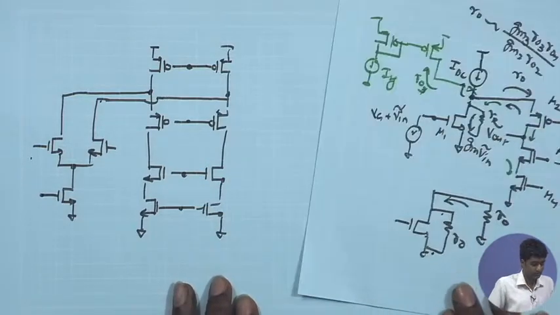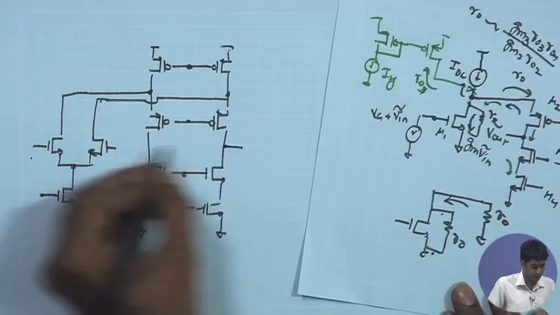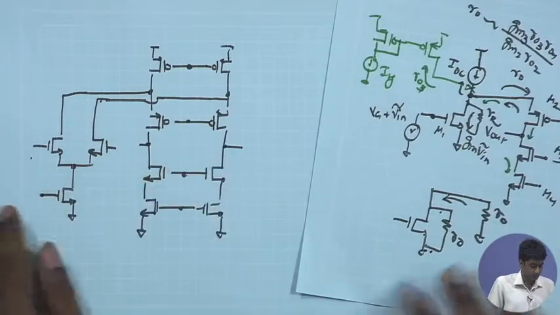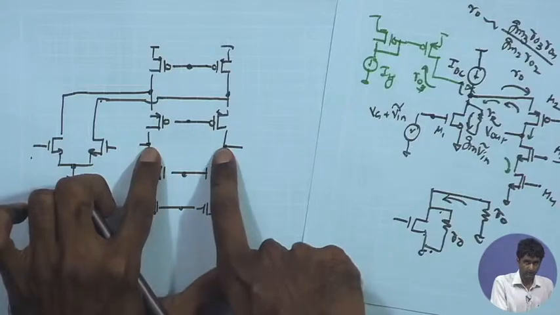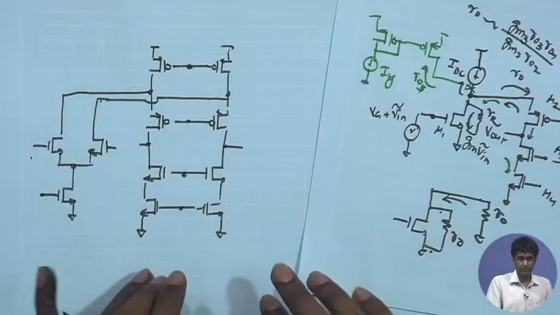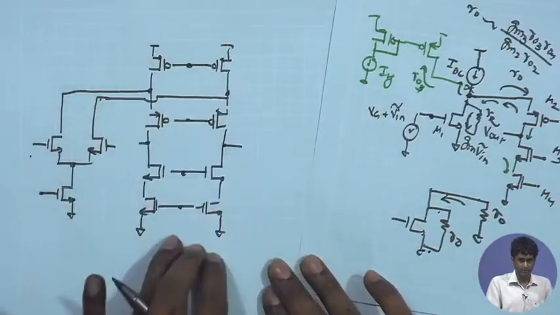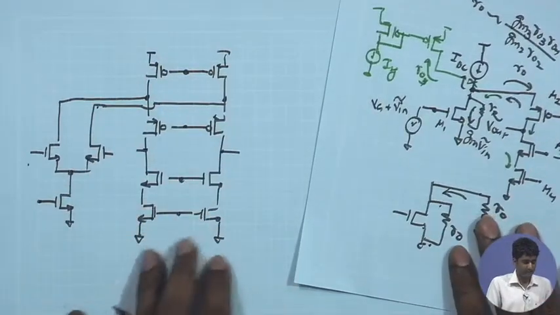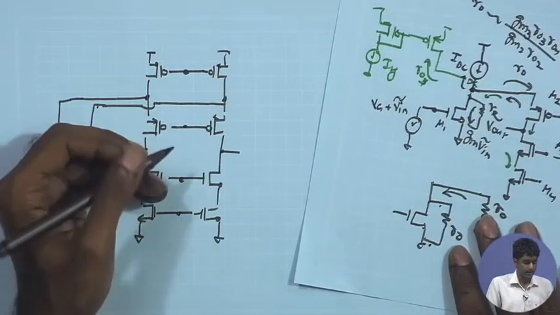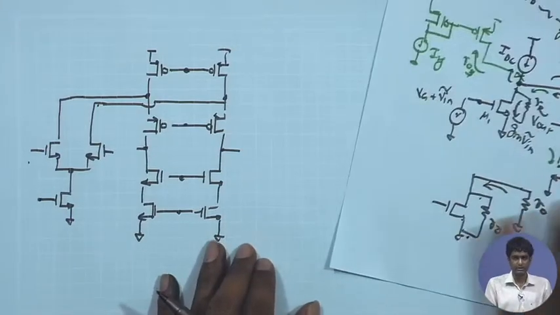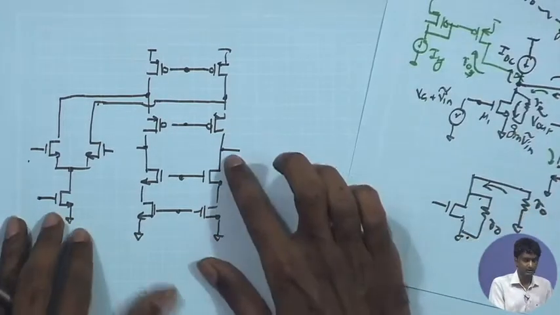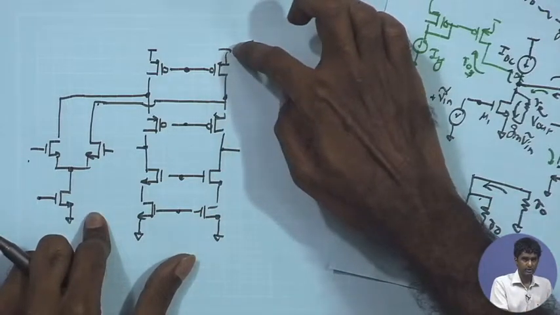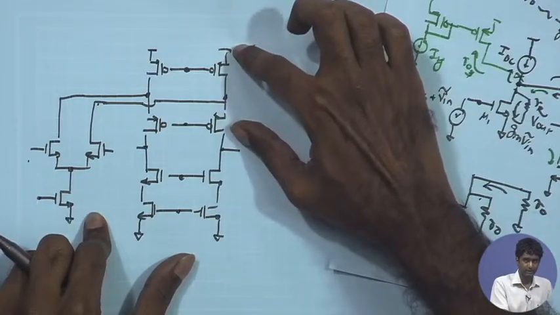Here once again the output points are over here, and we can look at the output common mode level that is required for maximum symmetric swing. This is now symmetric on the upper side and the lower side. So the stack is symmetric for PMOS and NMOS. You don't have a tail current source over here, and therefore as per our earlier analysis, we can conclude that the maximum and minimum output voltage that you can have is going to be VDD minus 2V overdrive on this side.